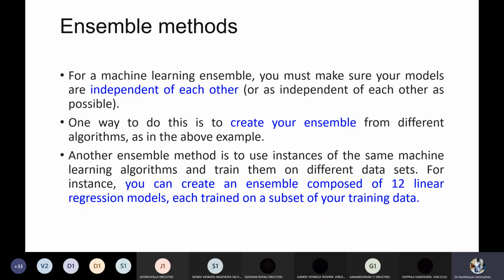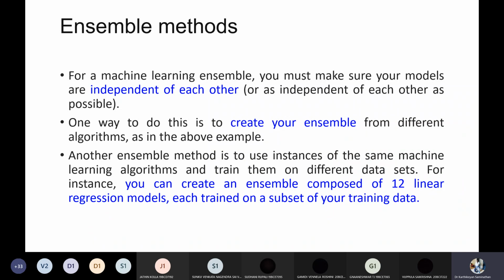Now you take your training samples, which we call a bootstrap, right? You take some training samples from your data set, feed them to each algorithm, and train your model. Finally, integrate it. We have 3 techniques of ensemble: one is voting or max voting, another is average and weighted average.